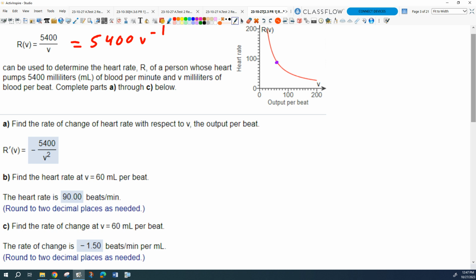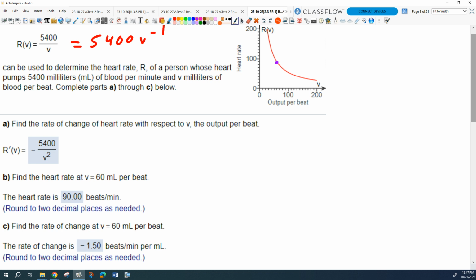What's going to tell me the value of the derivative or the rate of change on this graph of R? What does derivative correspond to? These are kind of tricky questions until you really start to get a flavor for it. What have we always done with derivative so far? What does derivative tell us?